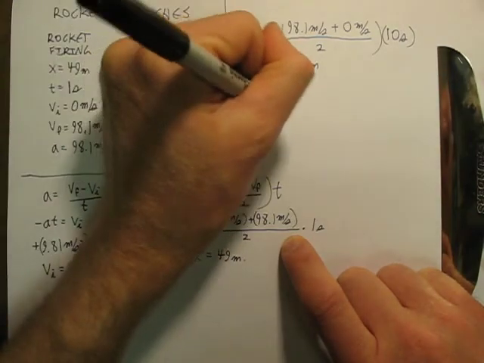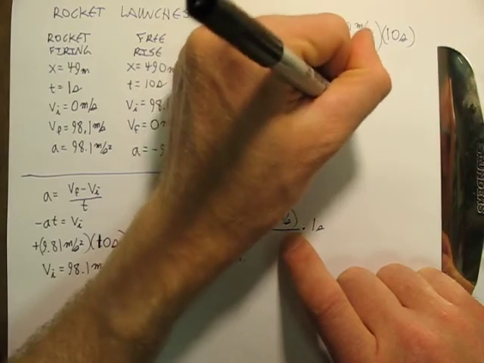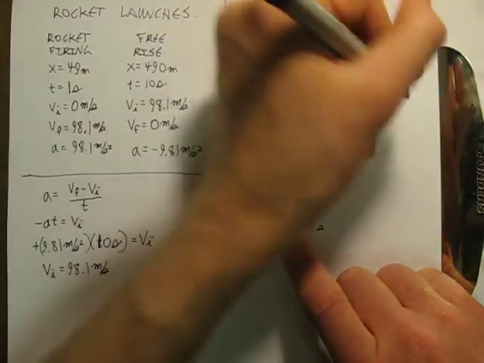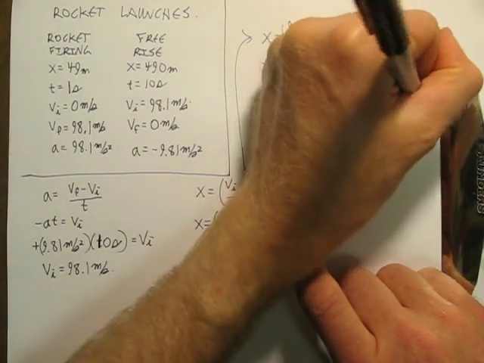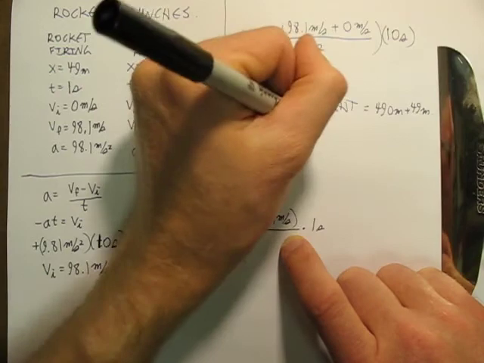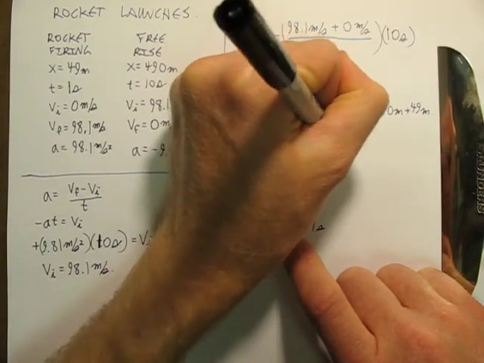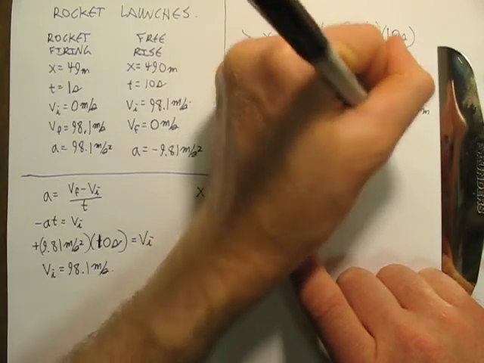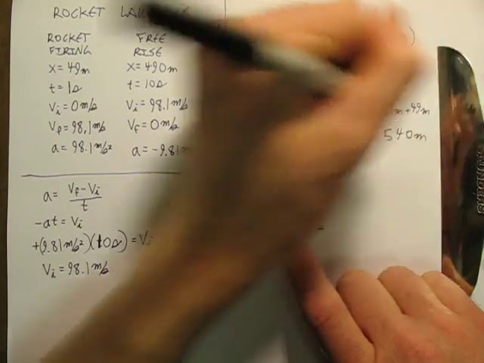So total height is equal to 490 meters plus 49 meters. So it's going to be approximately 539 meters, or approximately 540 meters.